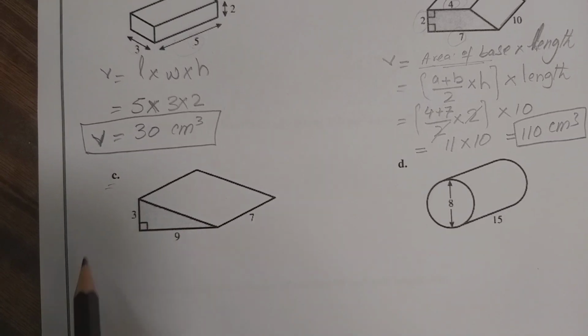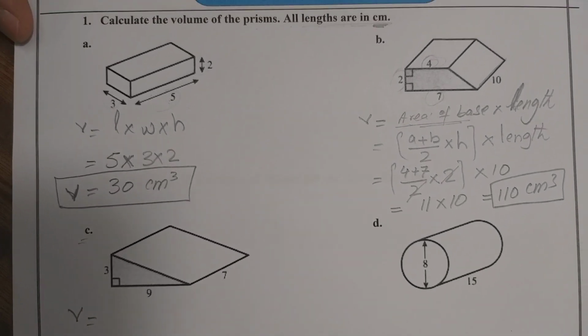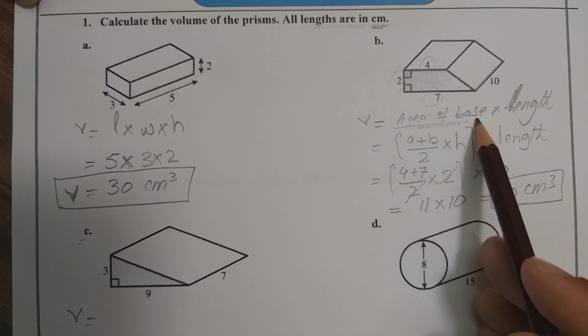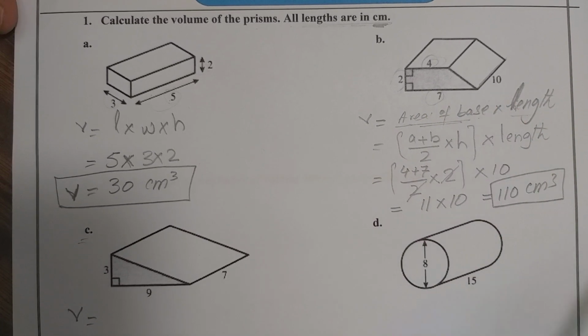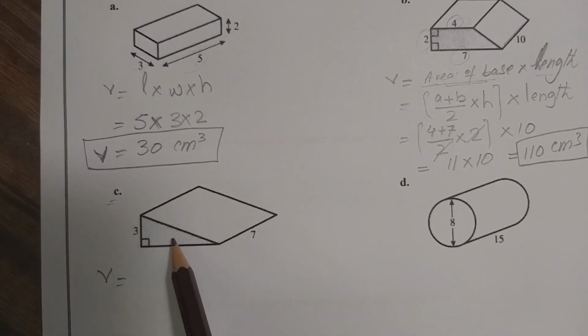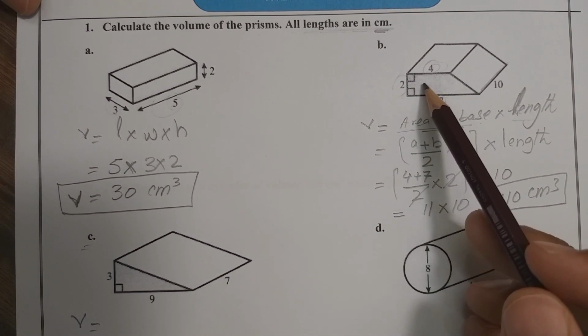We know the volume formula: area of cross section, or area of base, times the length, all the time. So what is the area of the base? Whatever the object shape is. Here a triangle is given, so we use the formula for the triangle. Here the trapezoid is given, so we use the formula for the trapezoid.